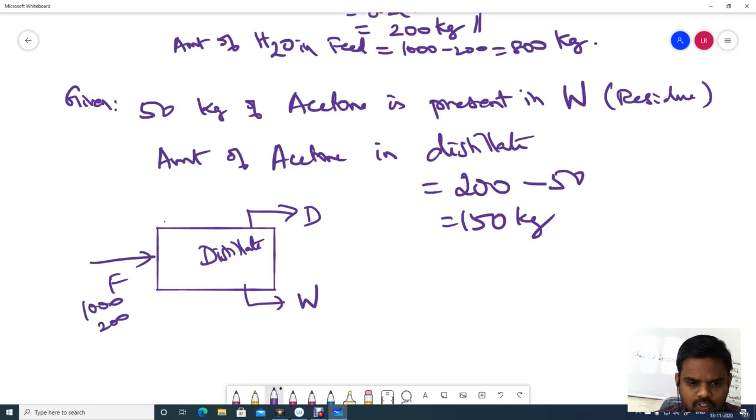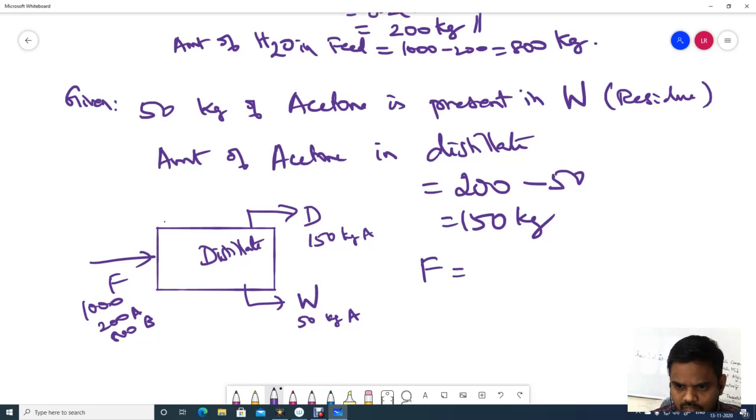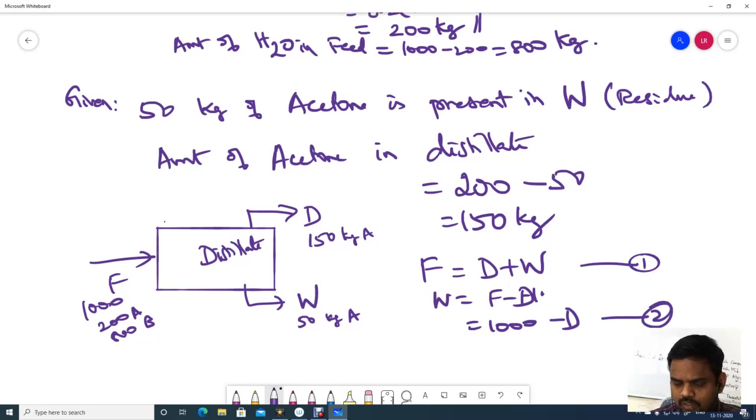Out of which 200 kg is A, 800 kg is B. So W contains 50 kg A. So here we have 150 kg A. So that is individual material balance we have. So overall material balance is F is equal to D plus W. Okay. So we can say W is equal to F minus D, which is 1000 minus D. Okay.